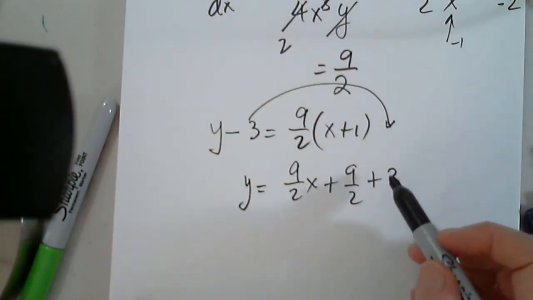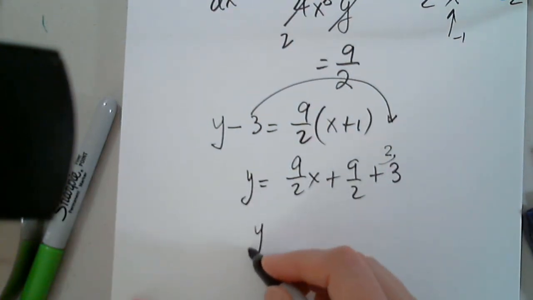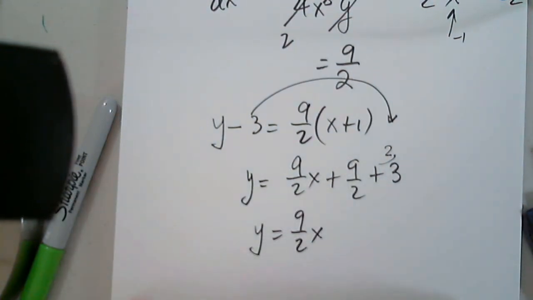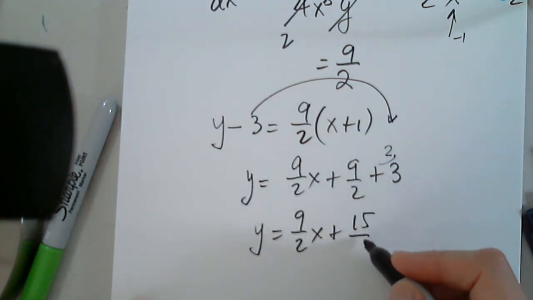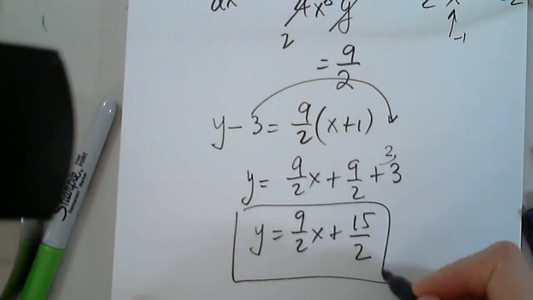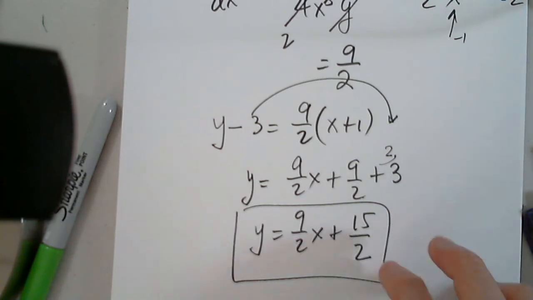The least common denominator, I multiply this by 2. So y equals 9 halves x plus 2 times 3 is 6, 6 plus 9, 15 halves. The problem is not asking us to determine this, but I just wanted to refresh your memory on how to do it.